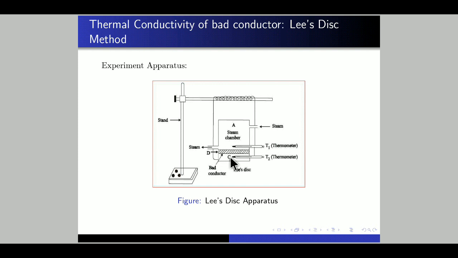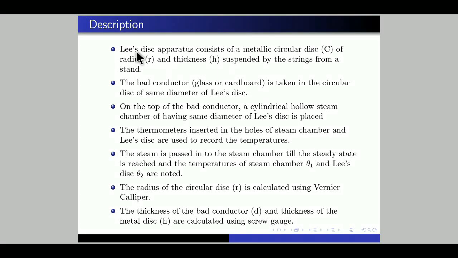Usually the Lee's disc, steam chamber and the bad conductor all have the same area of cross section, circular, and the apparatus is hung in a stand using a string. Now Lee's disc consists of a metallic disc of radius r and thickness h suspended by strings from a stand.